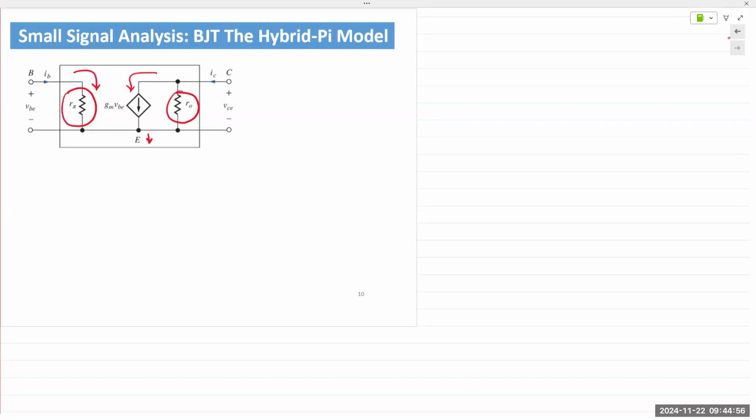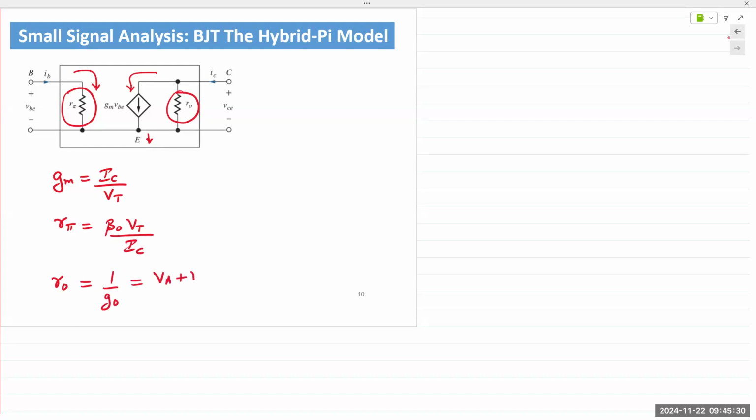So in the hybrid pi model, the value for Gm is simply IC over thermal voltage VT. That is our transconductance. How is the input being transferred to the output? A very important parameter. We have the input resistance R pi. That is beta O times VT over IC. And then output resistance RO is 1 over GO.